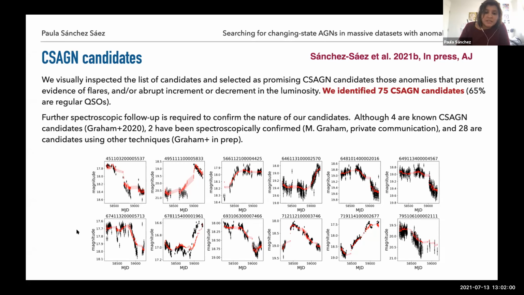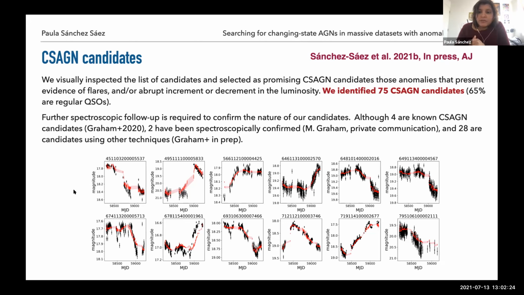This is the sample of sources with recent SDSS spectra, which was more or less obtained at the beginning of the CTF survey. And we are currently in the process of confirming the candidate set. So we are collaborating on this with Matthew Graham, who is already taking some spectra for this sample.